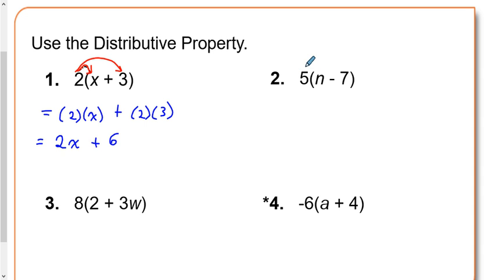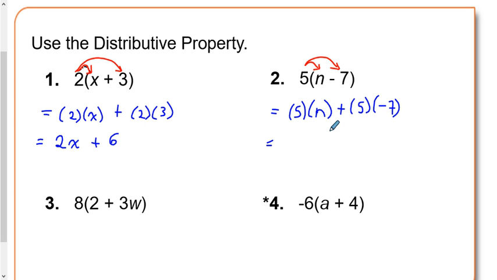Again, pause your video before you watch me do it. For this one, we have to be careful that we watch our signs. So our first one is 5 times n. And our second one is 5 times negative 7. We can always add a plus, but then we've got to watch what the signs are.